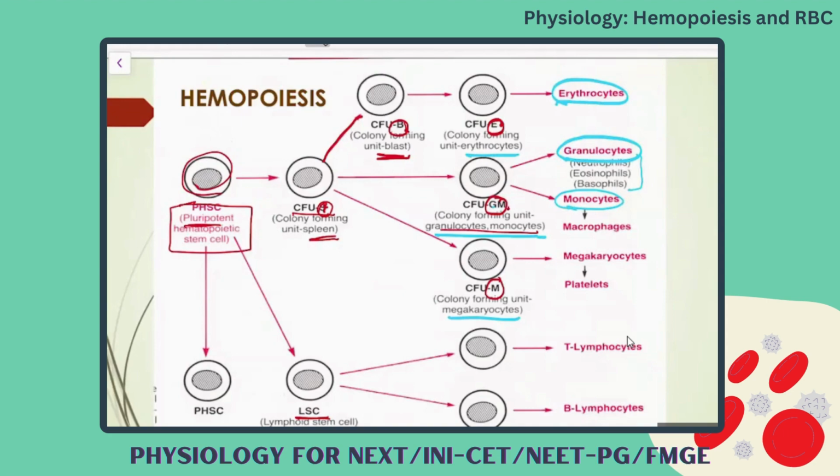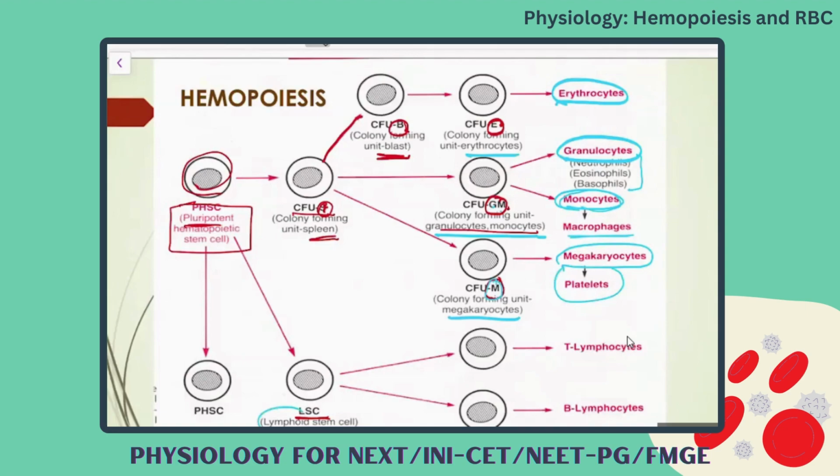The monocytes also give rise to the macrophages, and then the CFU-M gives rise to the megakaryocytes, which give rise to the platelets.